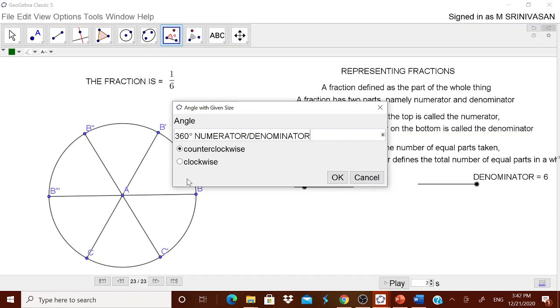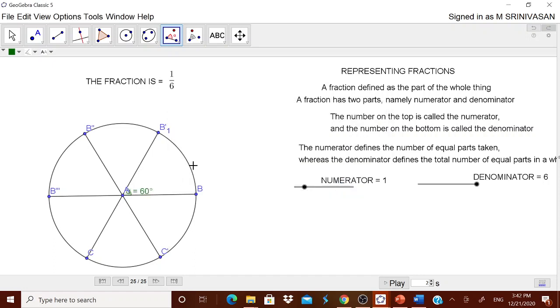Be careful. The same spelling which you have used for this numerator and denominator is to be used. Okay. Click OK. Now when I am moving the numerator or denominator, that also gets moved. You are just seeing that it is moving. Now keep this as 1.